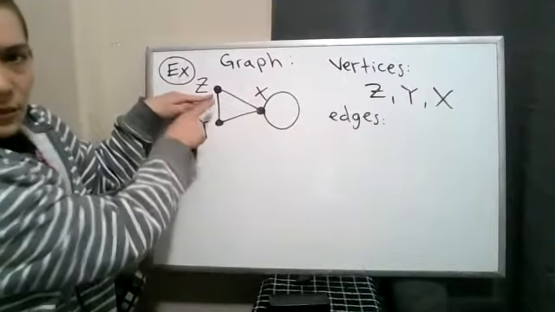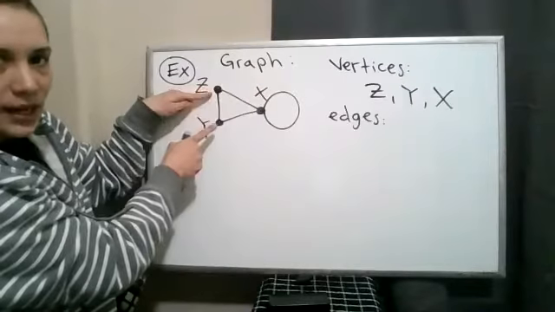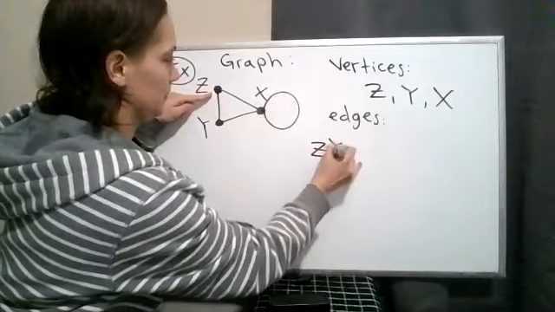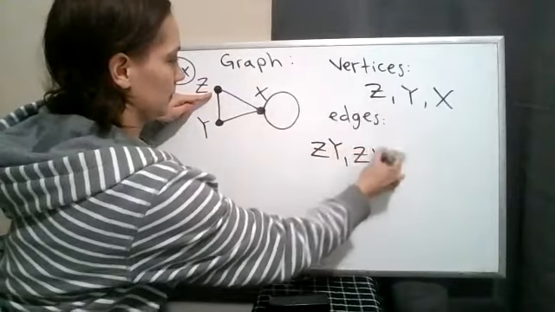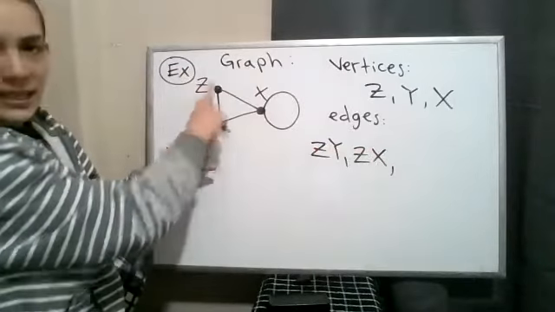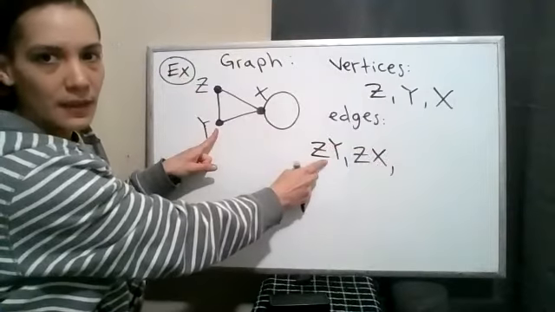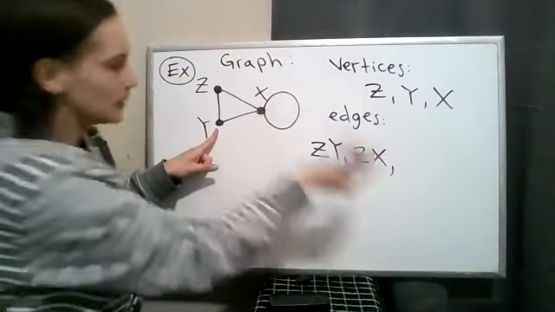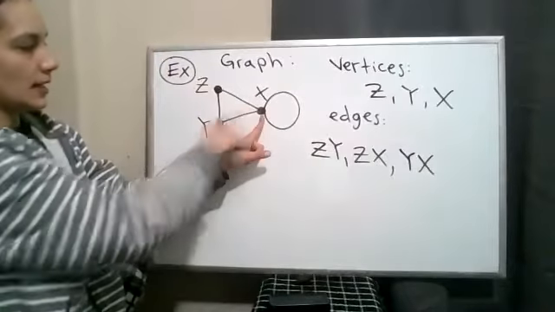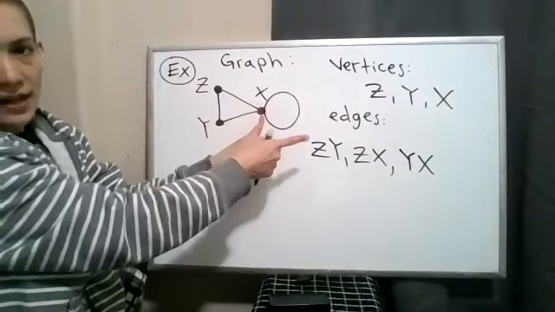I'm going to start here. We've got edge ZY, ZX. We just did YZ, it's that one. YX needs to be listed. Okay, and then that's XY, which we already have.